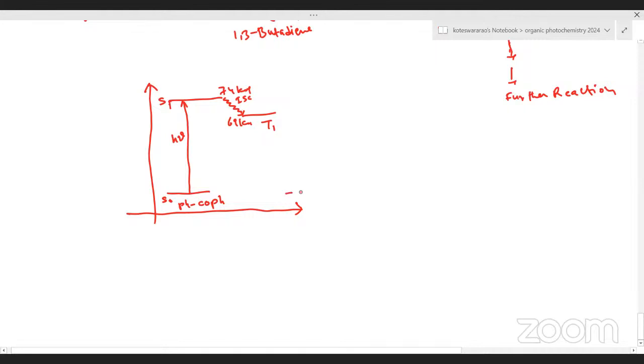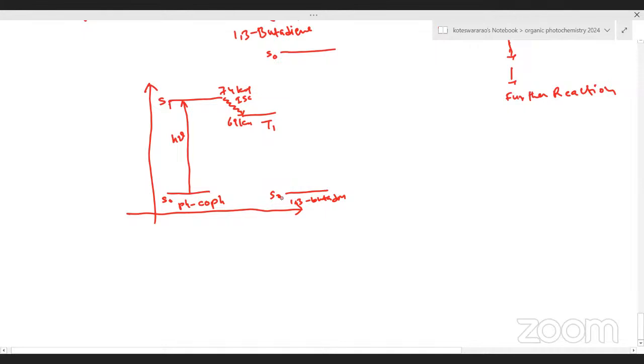This is the olefin 1,3-butadiene. It is the S naught state of 1,3-butadiene, and the S1 state is like this. Very high energy gap. This is the S1.